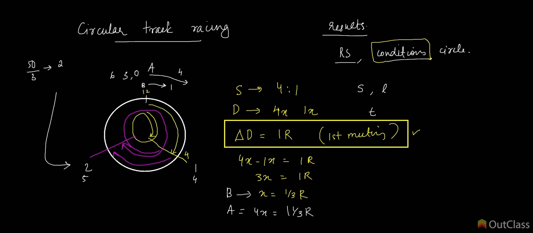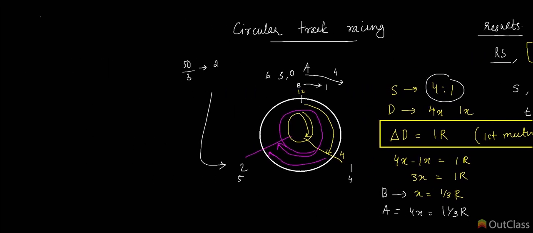Now you should take one more example like this, with some other ratio. Instead of 4:1, try 3:1 or 7:3 and so on, and you will see a pattern. You had a speed ratio of 4:1, right? 4:1 gives you directly 4 minus 1, 3 meeting points on the track.